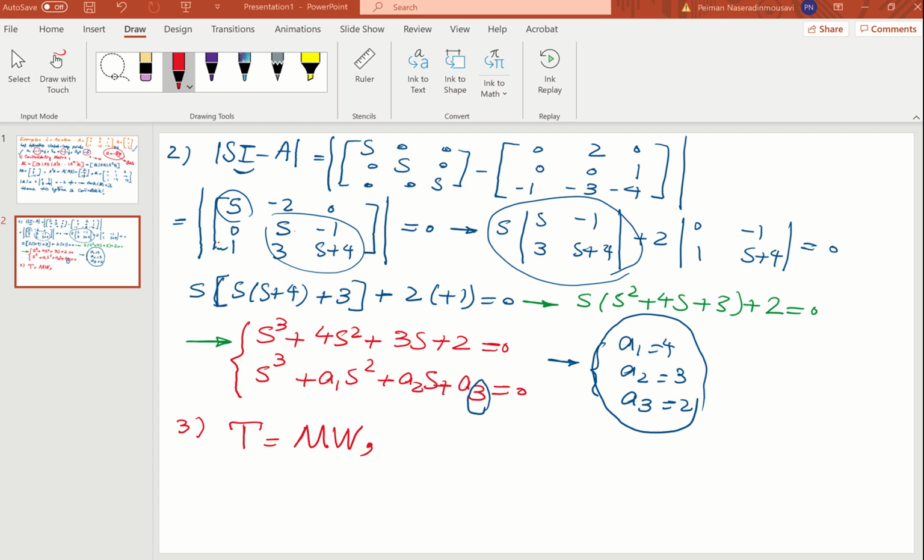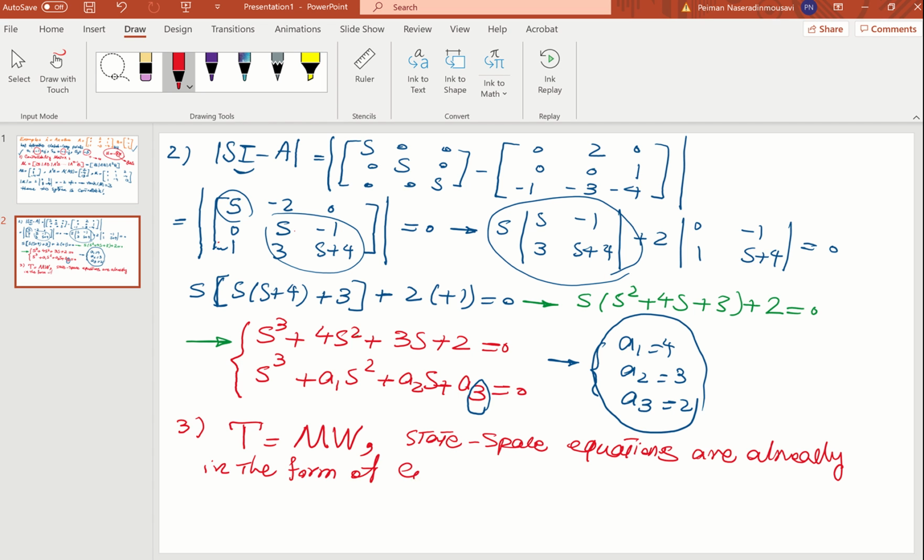your state space equations are already in the form of controllable canonical form.